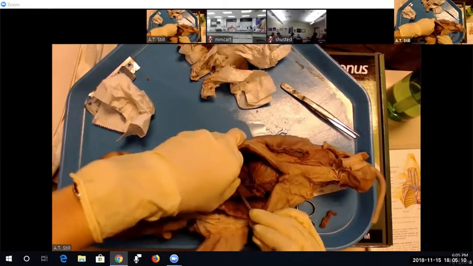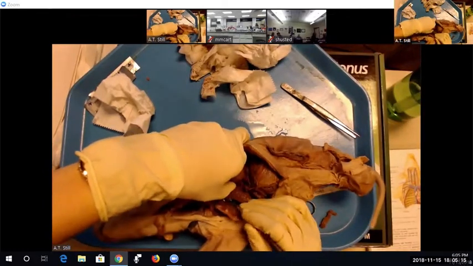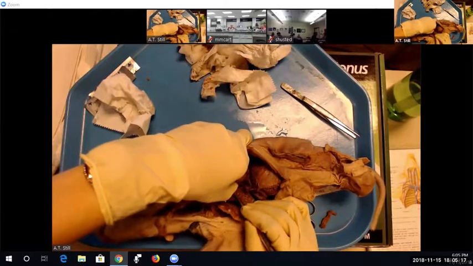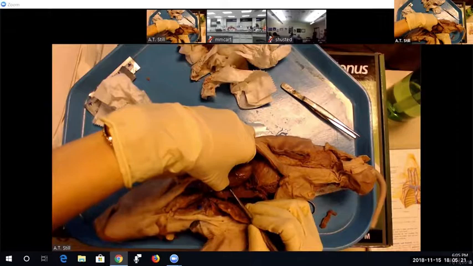So what we're going to do now is cut the heart out of the chest so that we can see the rest of the vessels in the back there.